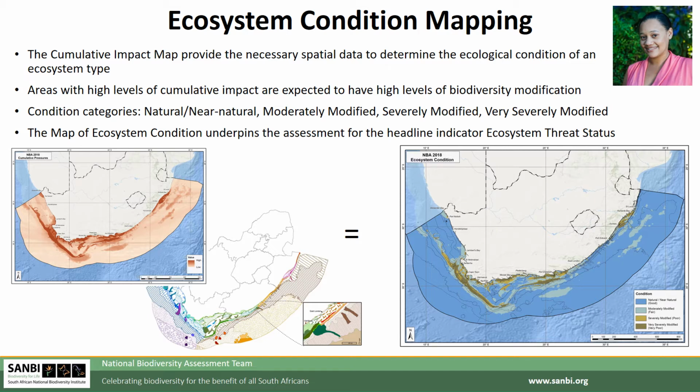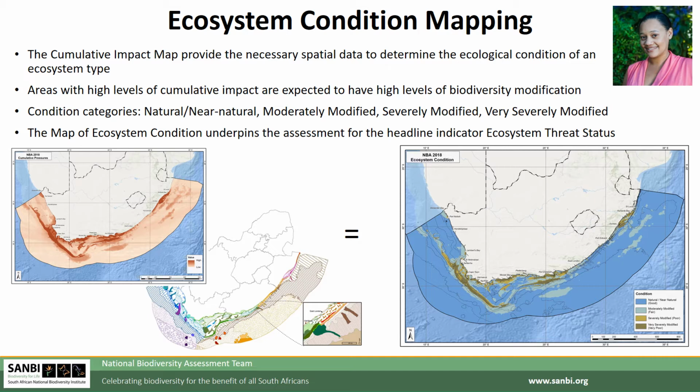Where we have no to very little pressure, we expect the ecosystem type to be in a natural or near natural condition. Under moderate pressure, we expect it to be moderately modified. Similarly, where there is severe pressure, we expect it to be severely modified. And where we have our highest levels of pressure, we expect the underlying ecosystems to be very severely modified.